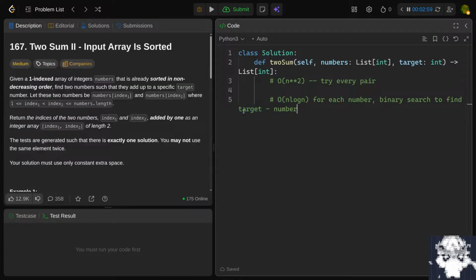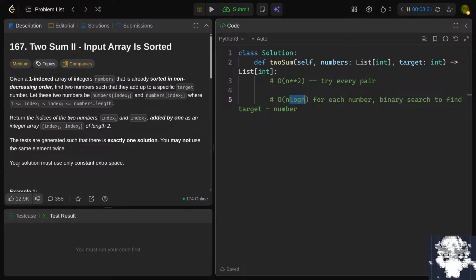But you don't need to binary search to find target minus number. You can just go over the array, put the elements in a hash map or a set, and then for each number, see if target minus number is in the set, and that would be O of n.